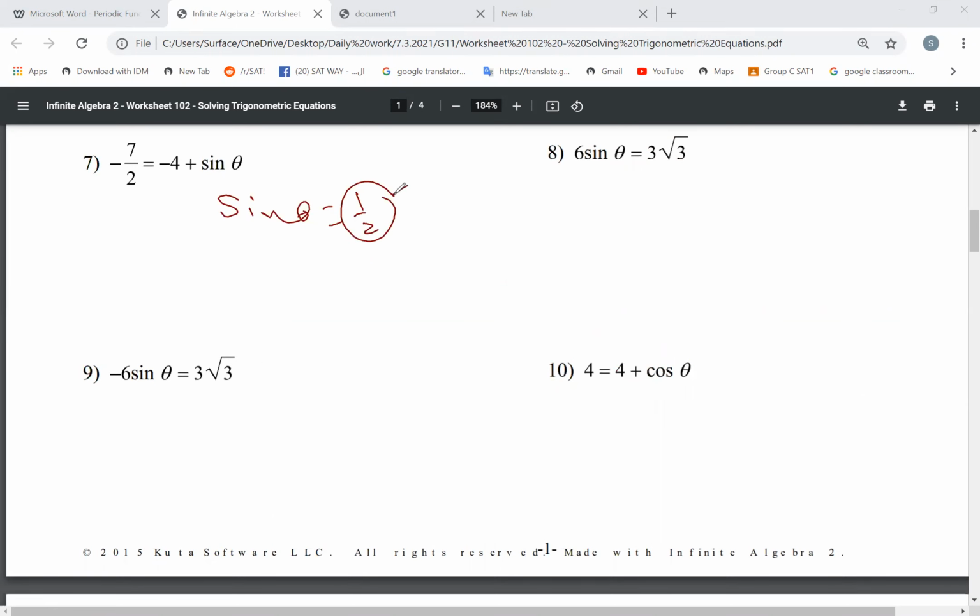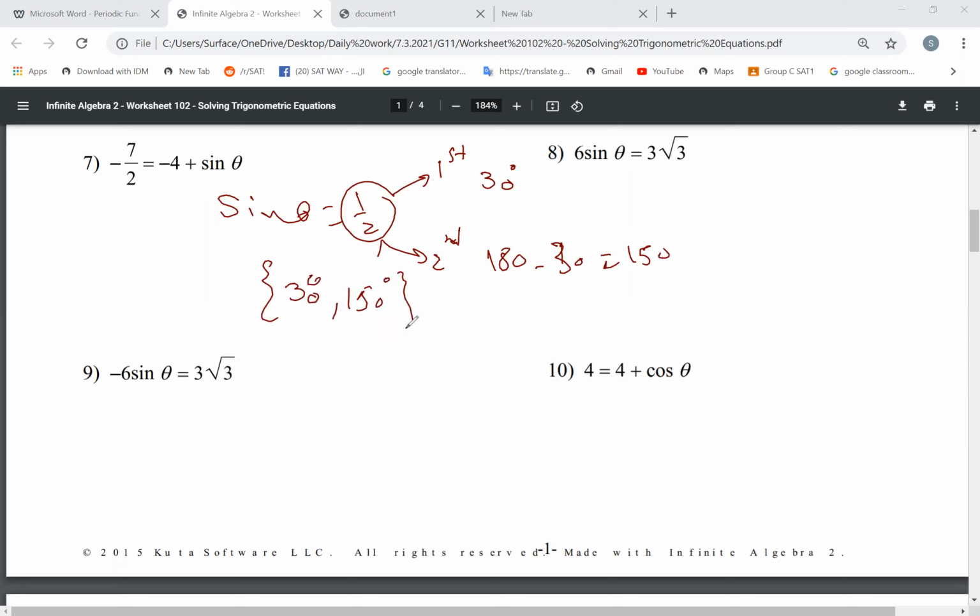So it will be positive in the first quadrant and in the second quadrant. In the first quadrant it will be 30 degrees. In the second, 180 minus 30, which is 150. So the solution set of this equation is 30 degrees and 150 degrees.